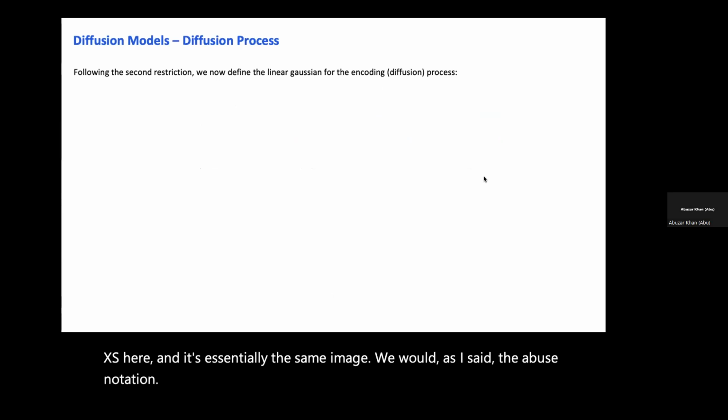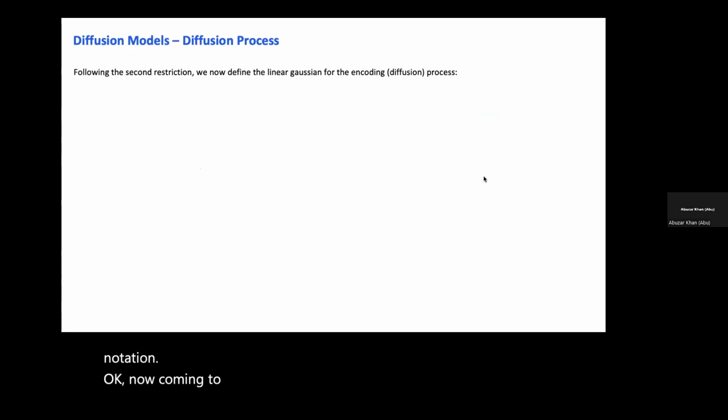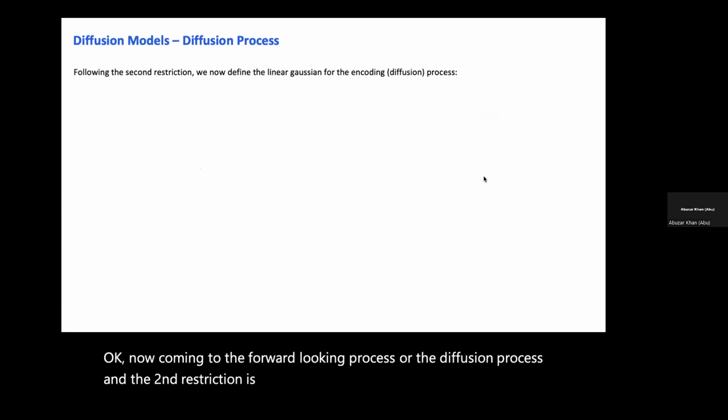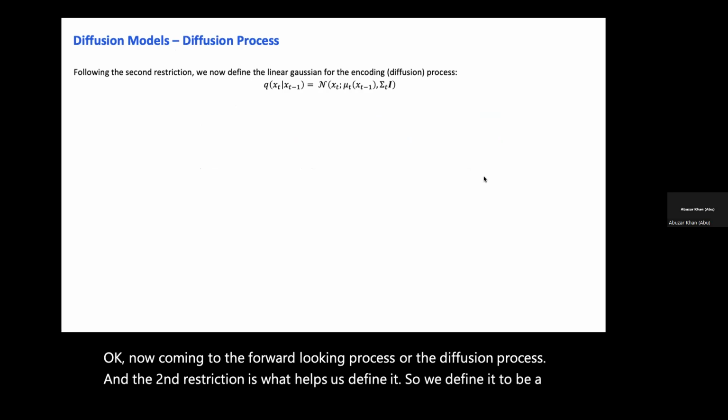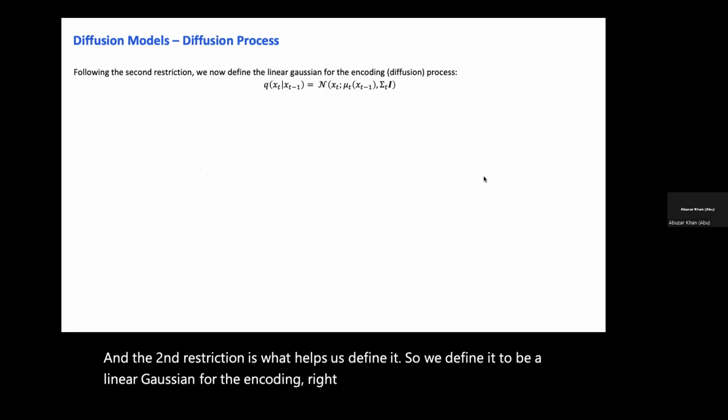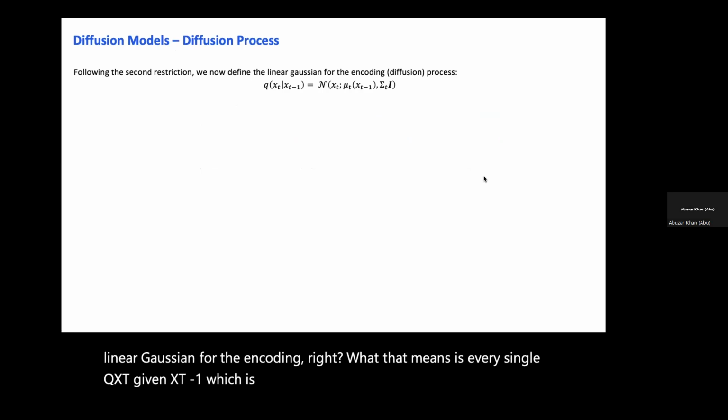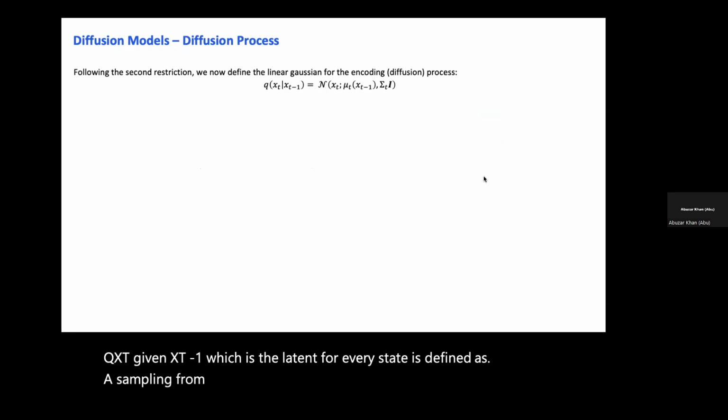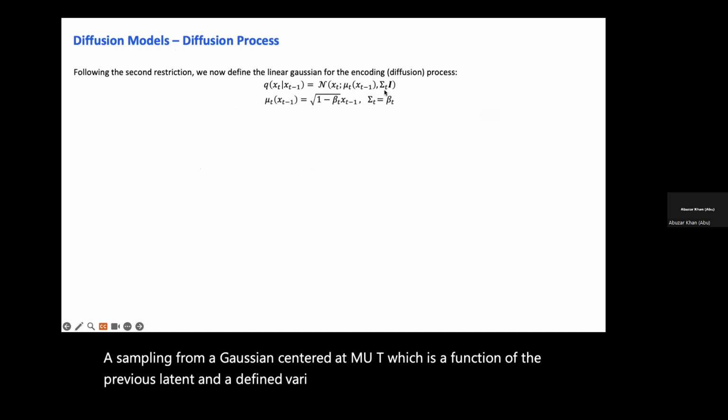Okay, now coming to the forward process, or the diffusion process, the second restriction is what helps us define it. So we define it to be a linear Gaussian for the encoding, right? What that means is every single q of xt given xt minus 1, which is the latent for every state, is defined as a sampling from a Gaussian centered at mu t, which is a function of the previous latent, and a defined variance.